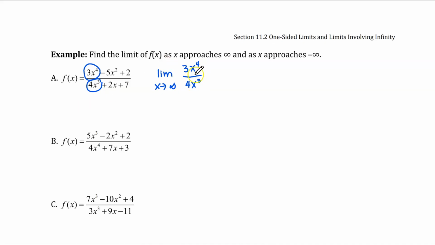And then you take the ratio and simplify it. As you simplify this, you will cancel x cubed. Using laws of exponents, this will be simplified as 3x over 4. And then you take the limit as x approaches infinity.